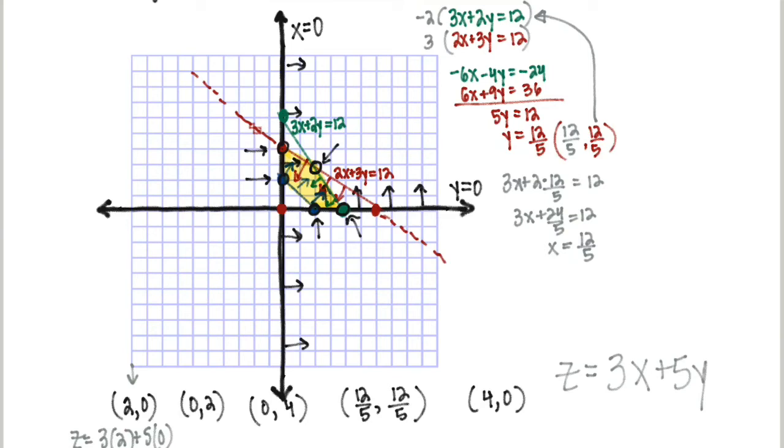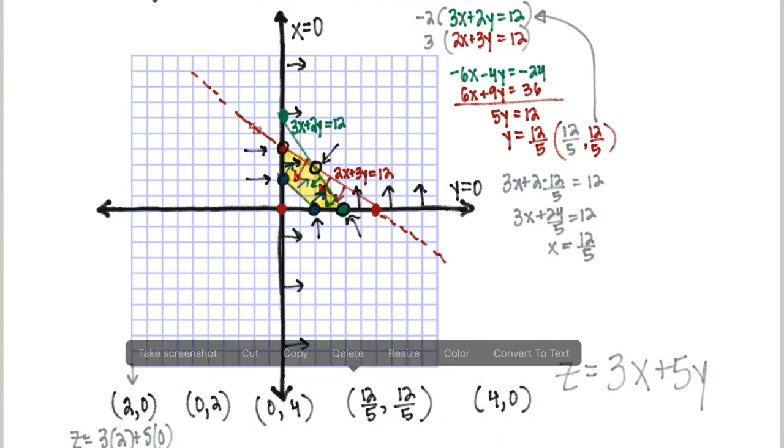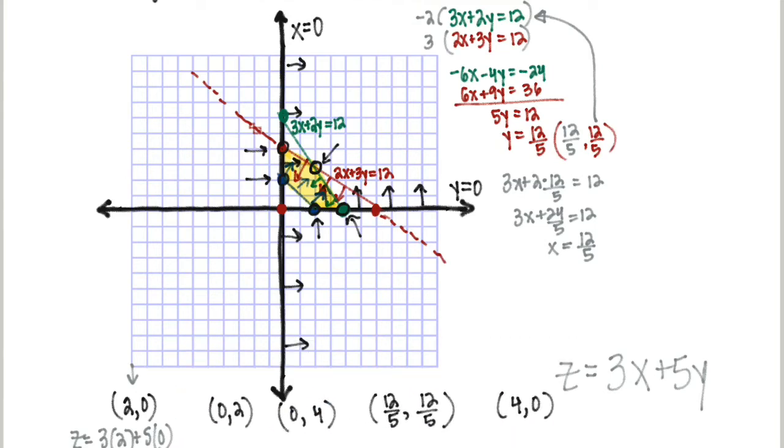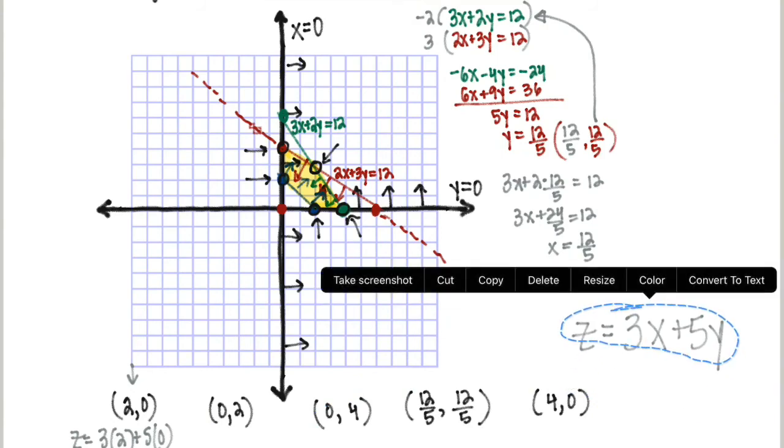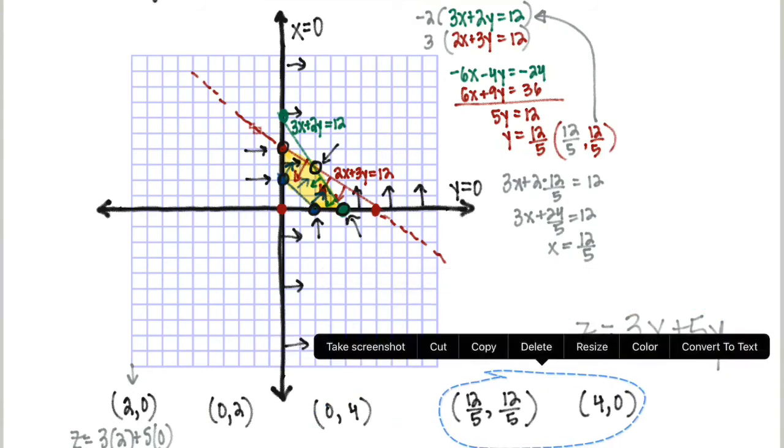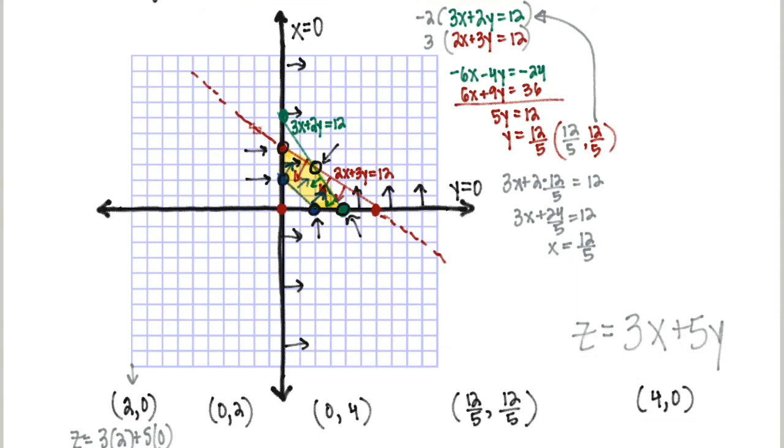So we're going to do that for each one of these ordered pairs. I'm going to make a little bit more room here, spreading them out just a little bit. You're probably getting a head start on me on doing these other calculations.